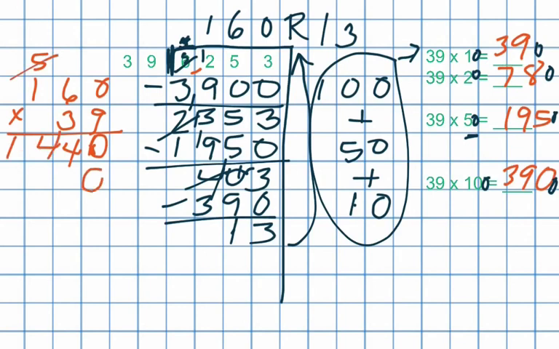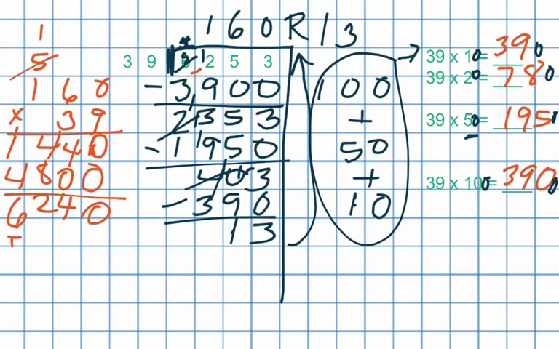I'm going to come down to the next row. I put my placeholder 0. 3 times 0 is 0. 3 times 6 is 18. Carry my 1. 1 times 3 is 3. Plus 1 would be 4. Add my two partial products. 0, 4, 12, 6. 6,240.